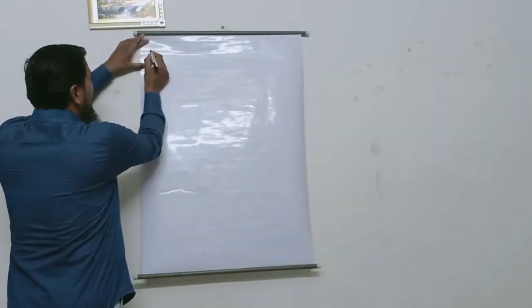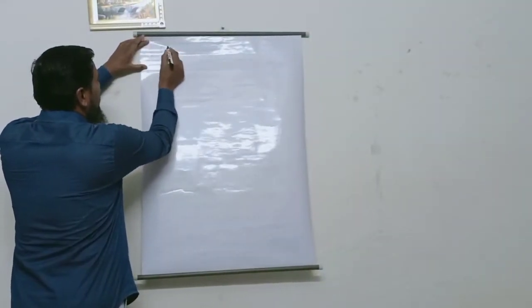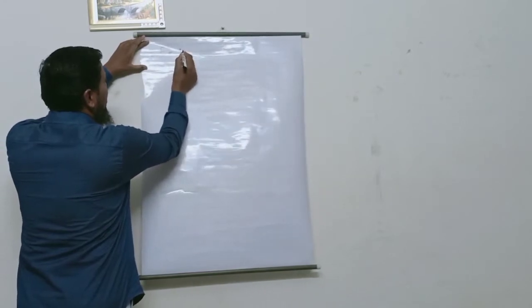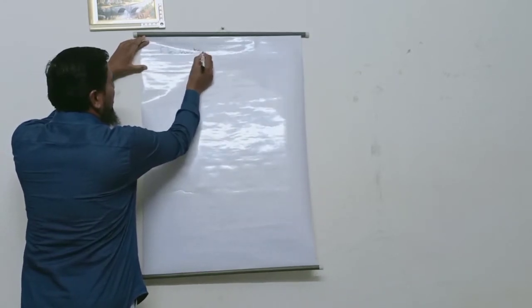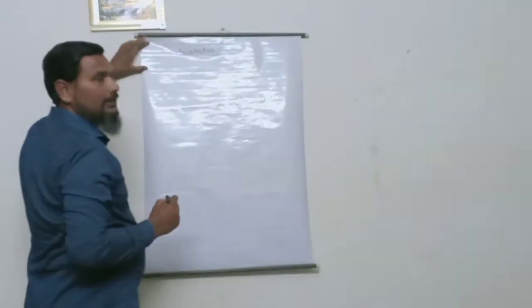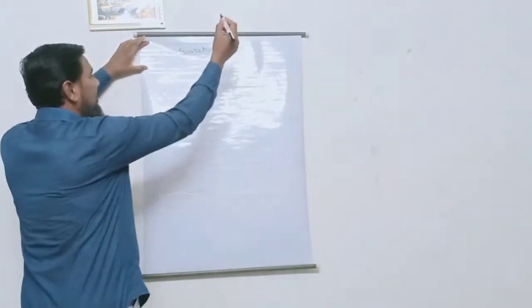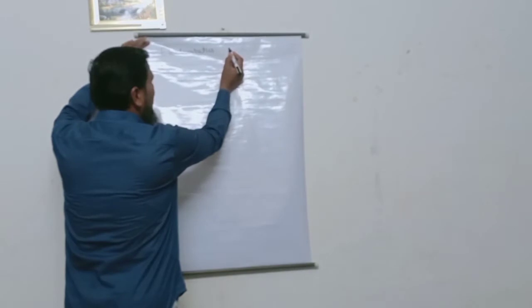Unit number 1, that is called Electrostatics. In this unit, there are two chapters in NCERT.